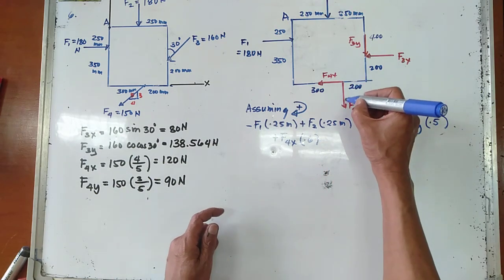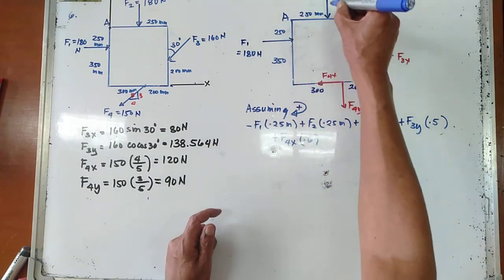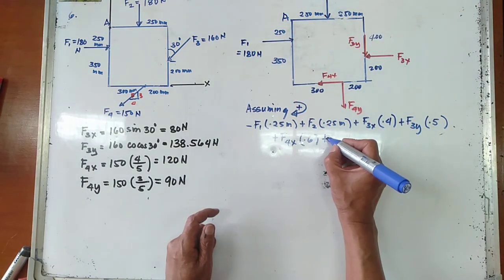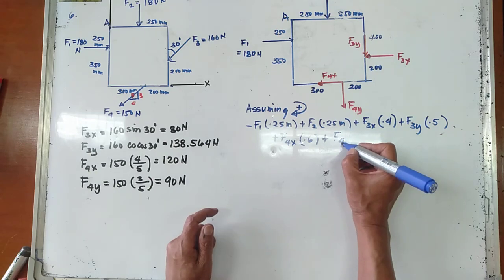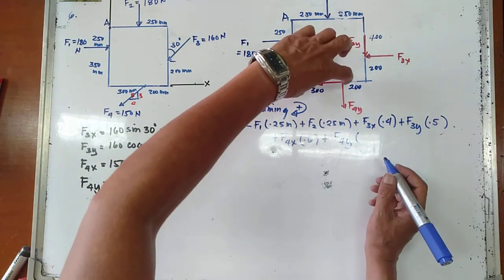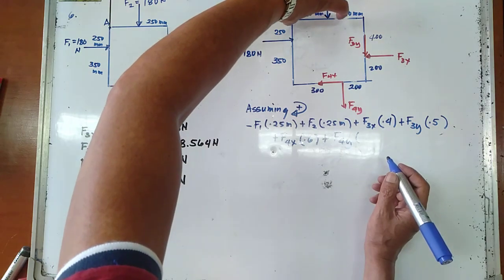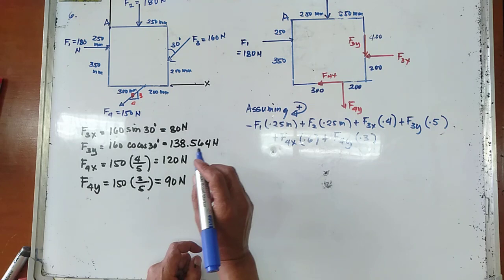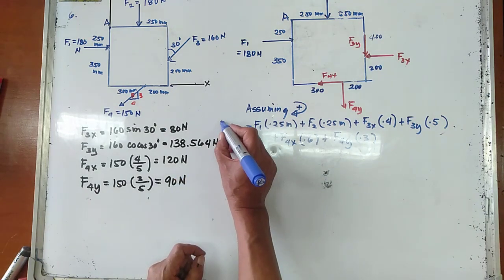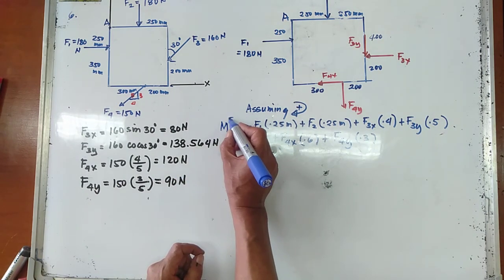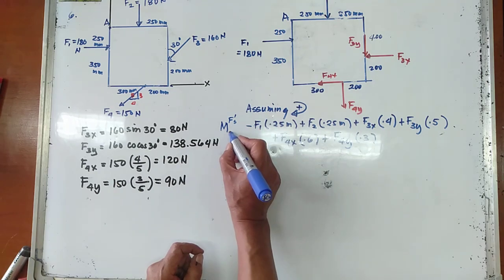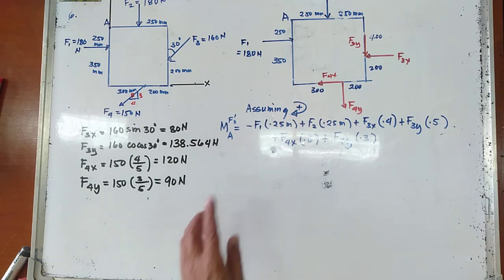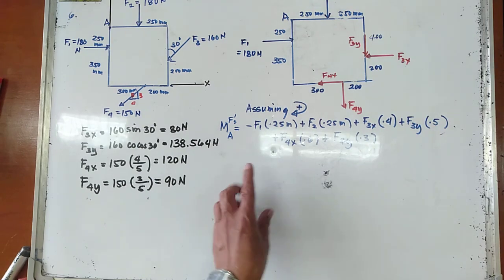And your F4y is also going clockwise about point A. That is positive F4y multiplied by 300 mm, or that is 0.3 meters. So this is now the moment of all the forces about point A.